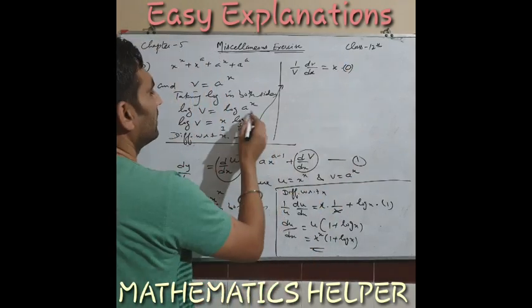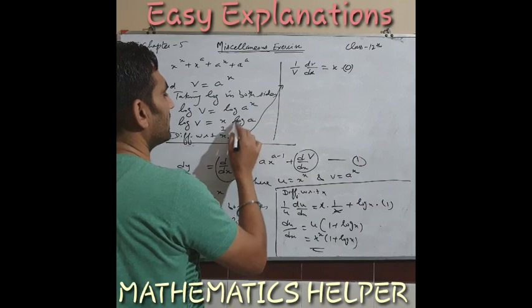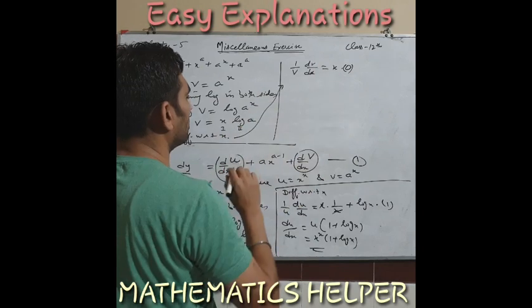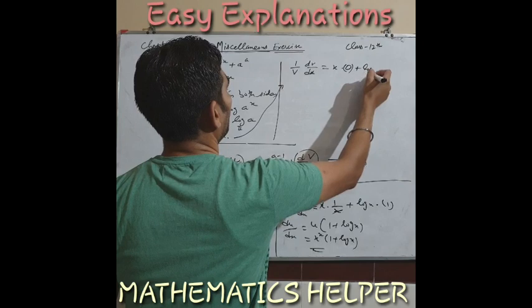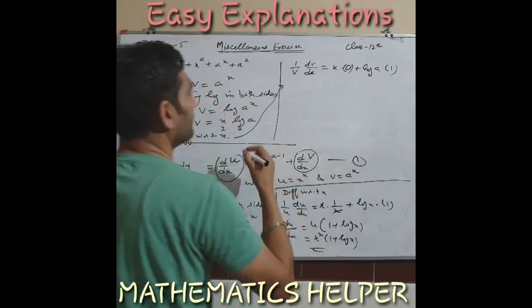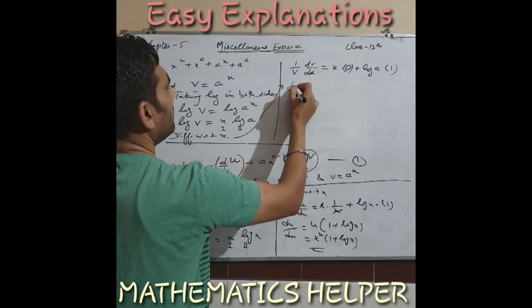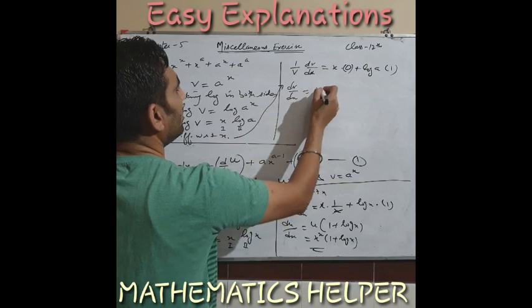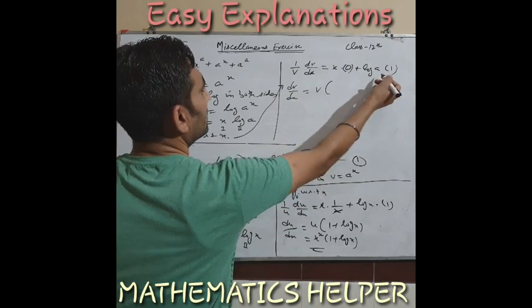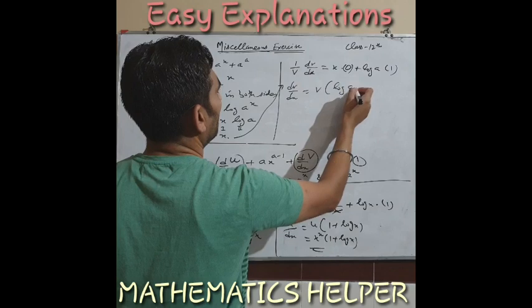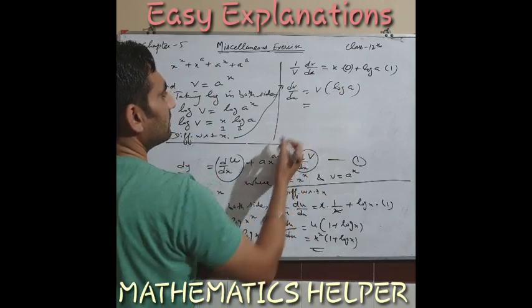Okay, so a constant value will have derivative equal to 0. Then plus log a as it is, the derivative of x is 1. So you have dv over dx equal to v into this value, 0 plus log a, which means it is log a only, and it is this v.